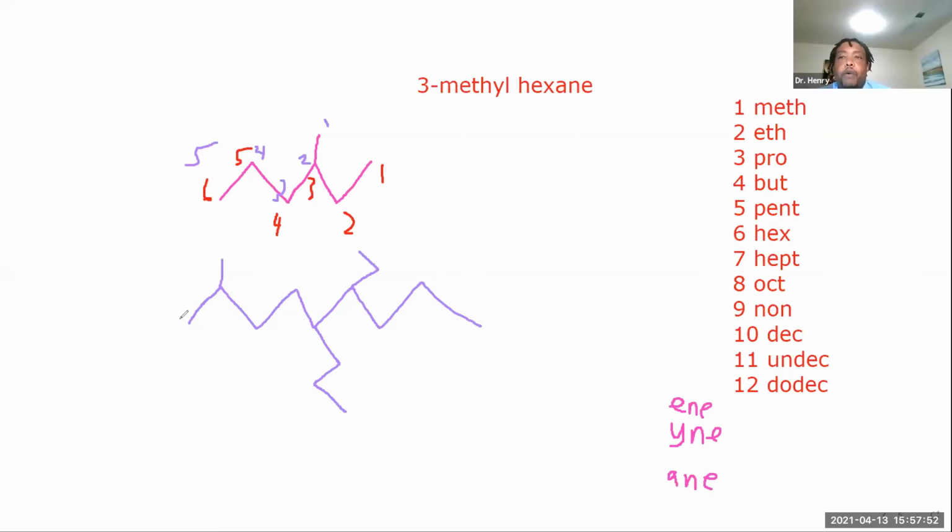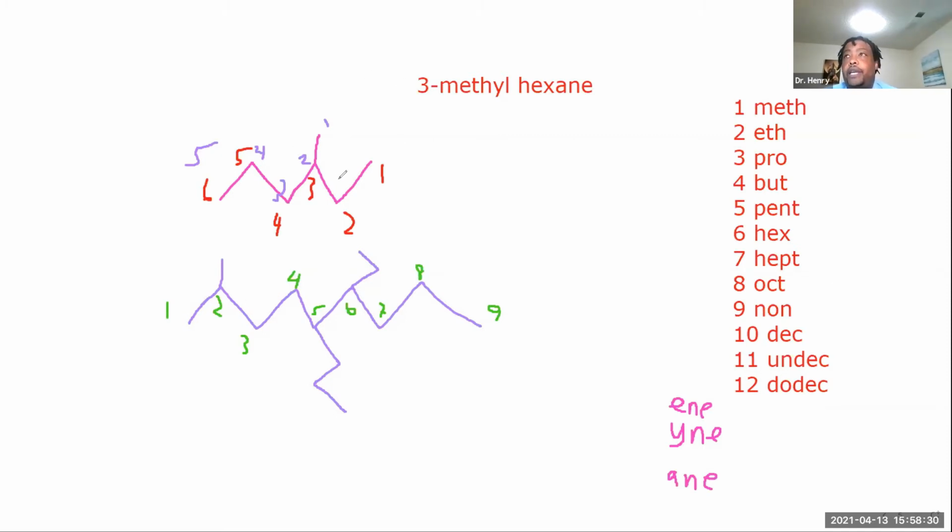Okay. So first, find the longest carbon chain. Number 1, first find the longest carbon chain. Let's go. That's 1, 2, 3, 4, 5, 6, 7, 8, 9. Now that would be 9.